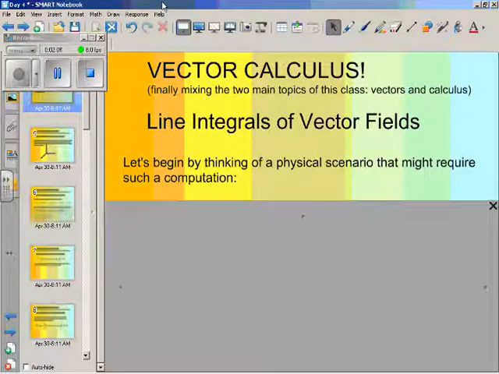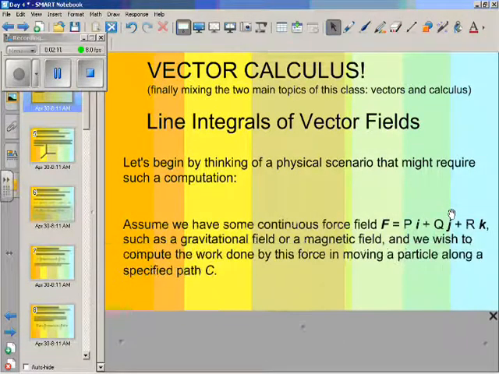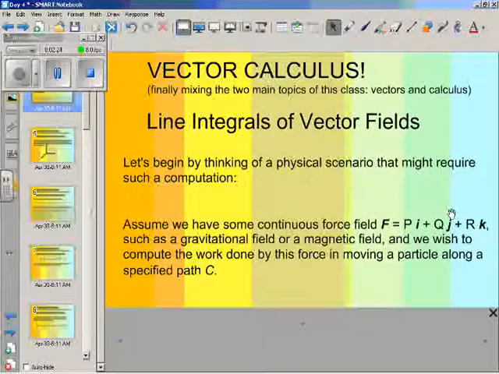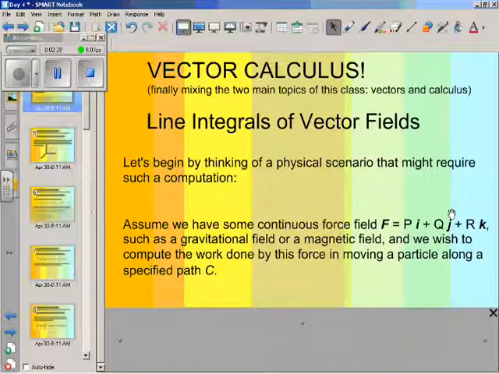We can use the integral to figure out the total work. If we have this particle moving along a path C through some vector field, we can be general about the vector field for right now, and use the line integral to figure out the total work done by that vector field on that particle. Okay, so let's look at what that's going to look like.